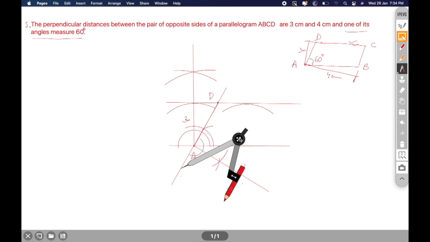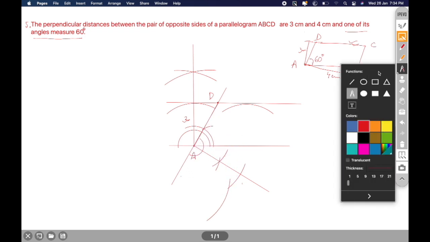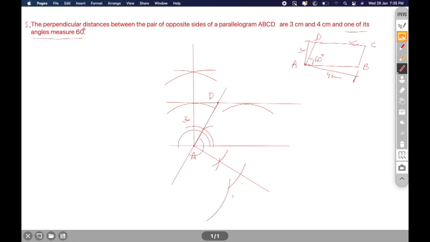Let us shift the center to somewhere here and draw the second arc. Now if we draw a common tangent to these two arcs and produce them, we will get a line parallel to AD, right?